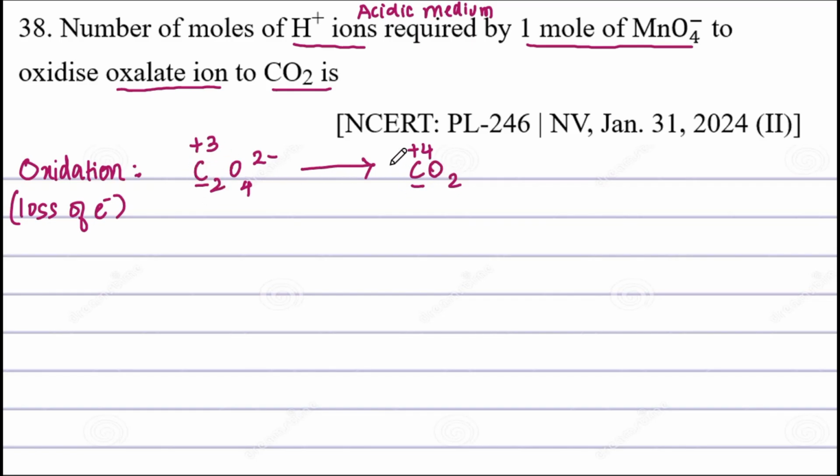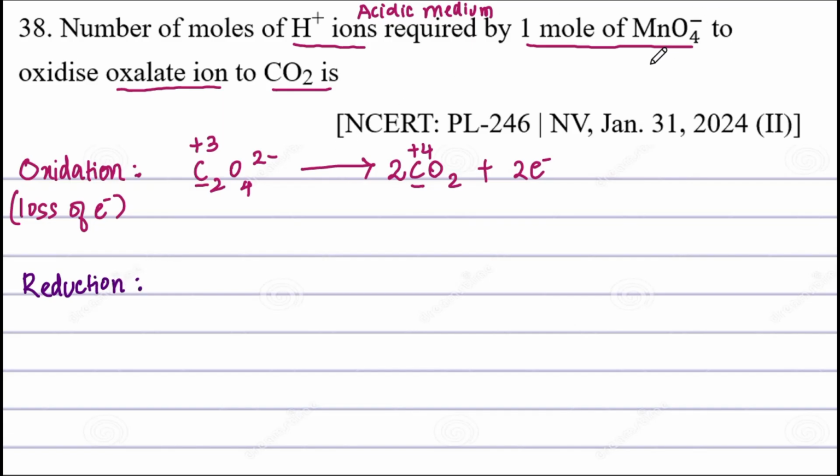In the product, only 1 atom is there. So you have to write 2 CO2. Now the difference in the oxidation state for 1 carbon atom is 1. Then for 2 carbon atoms, it is 1 electron into 2. So the difference is 2 electrons. Loss of electron should be represented in the product side. So plus 2 electrons.